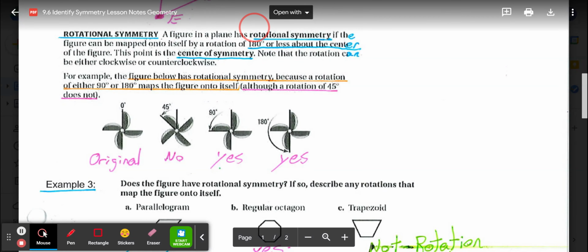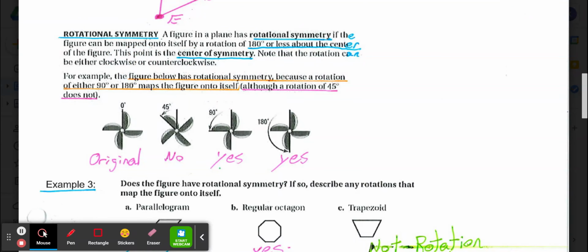A figure in a plane has rotational symmetry if the figure can be mapped onto itself by a rotation of 180 degrees or less about the center of the figure. This point is the center of symmetry. Note that the rotation can be either clockwise or counterclockwise, so rotation could go in either direction.